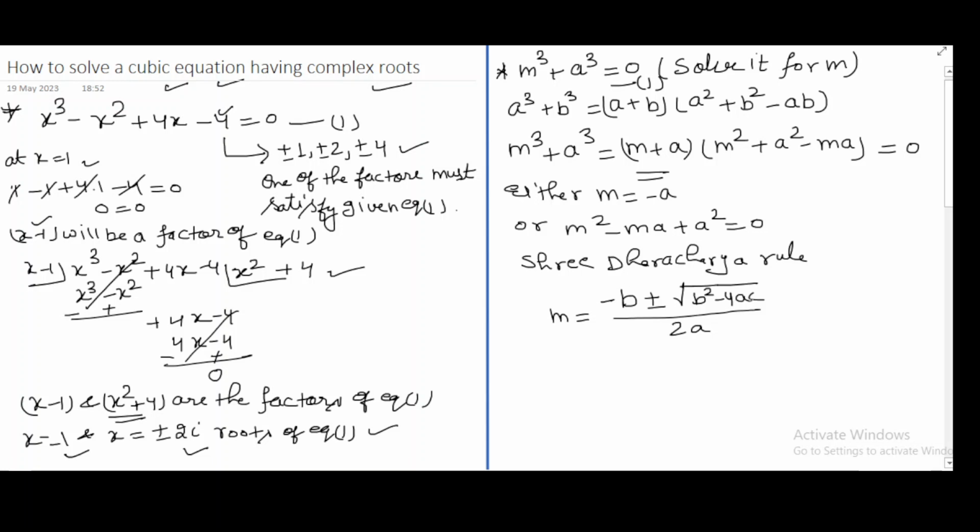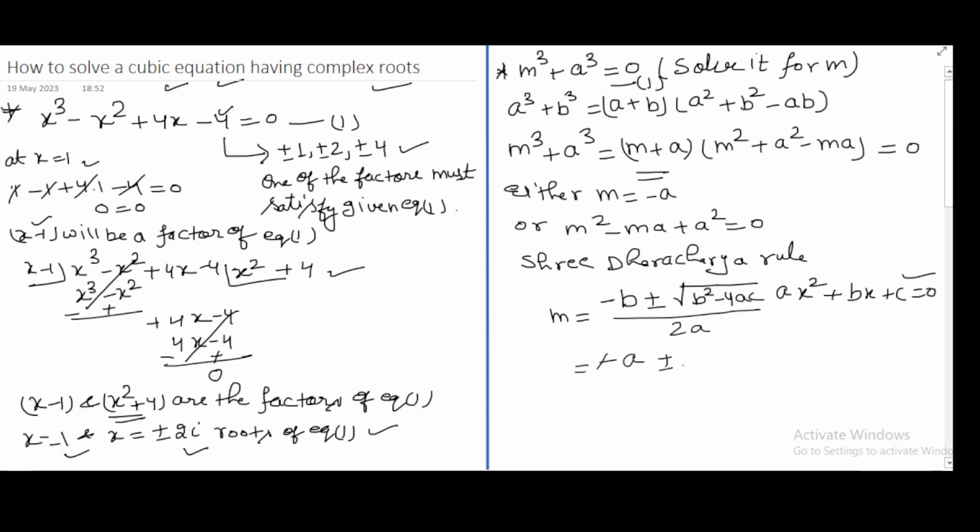Here the values of a, b, c are from the standard quadratic equation ax square plus bx plus c equal to 0, right? So here the value of b is minus a. Let me correct one thing: the value of b is minus a. I beg your pardon for this.